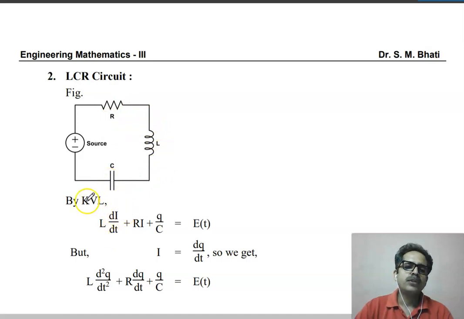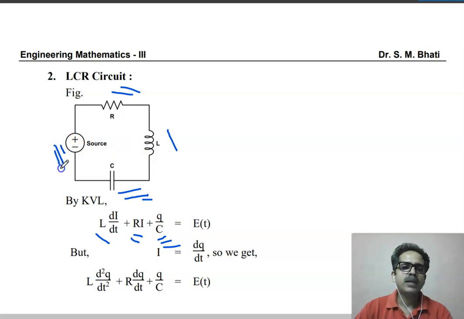So according to this Kirchhoff's voltage law, voltage drop across inductance L, that is L di by dt, plus voltage drop across resistance R is R into I, plus voltage drop across capacitance C, that is Q by C, is equal to EMF supplied.